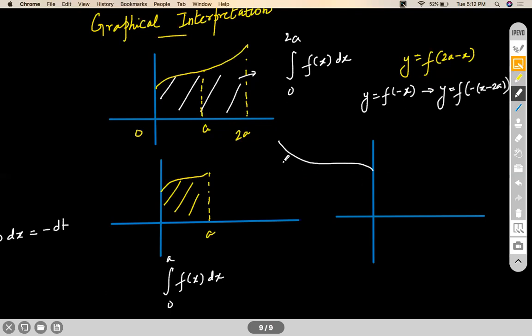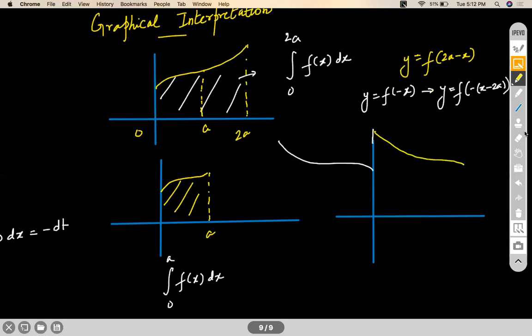That means you're shifting it right by 2a units. I'm assuming a is positive here. So as a result, the graph becomes like this.